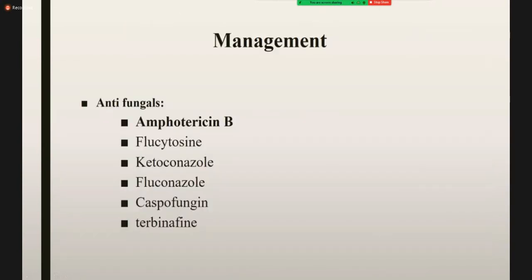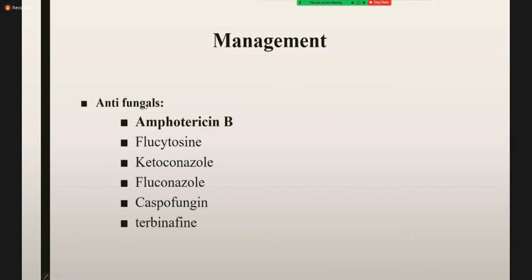So again, the management plan of these chronic fungal infections: we have antifungals, the popular antifungal which can cover almost all of the fungi, including mucormycosis and cryptococcal infections.